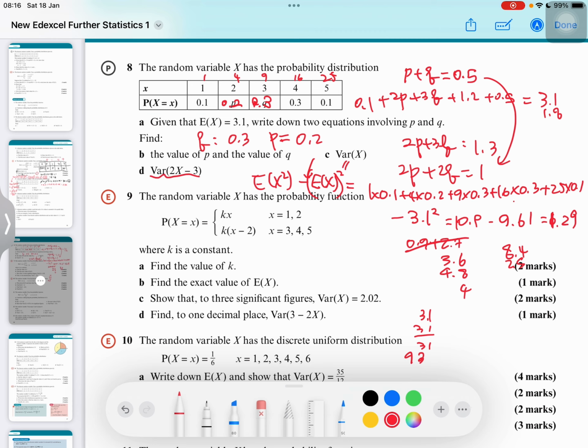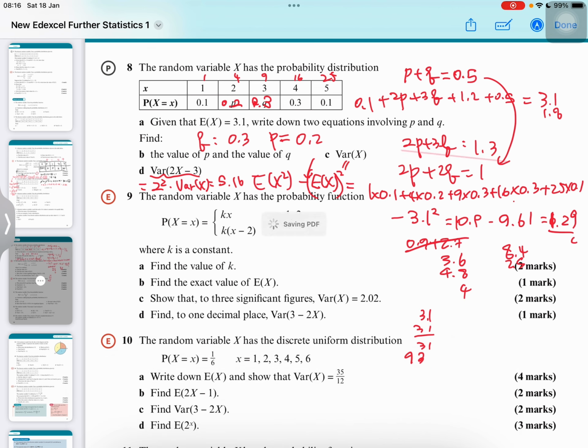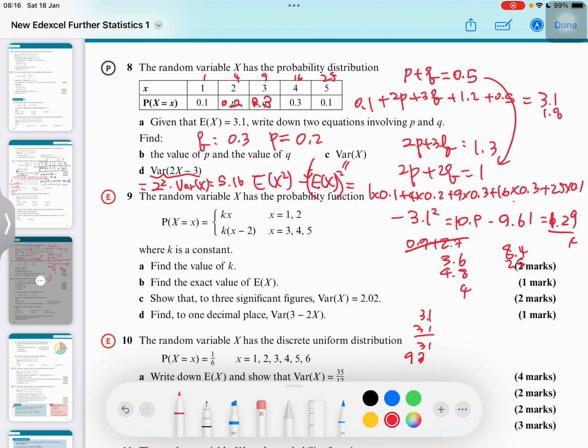So the variance of 2x is 2 squared times the variance of x, so times 4: 5.16. Yep, so this is the answer.